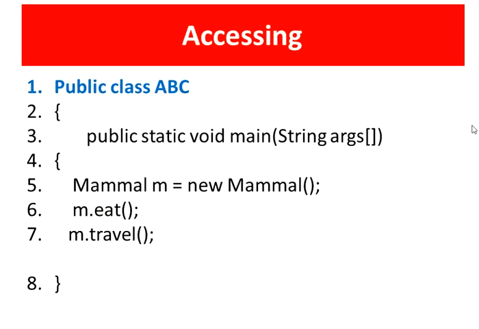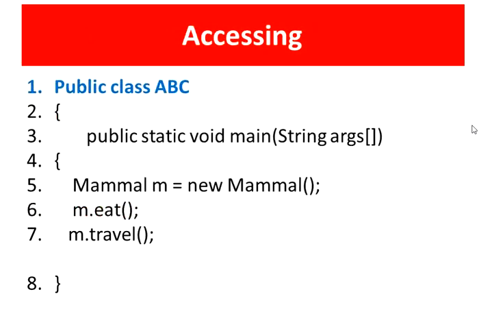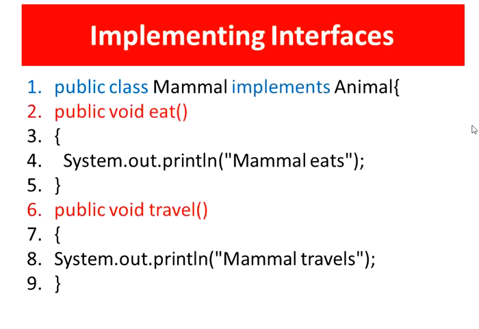Now let us see how we can access these methods. Now we will create a public class ABC. This is a class which contains the main method. In this class we will create an object for class Mammal. So here we have a class Mammal. We have created an object for class Mammal: m equals new Mammal, and now using m.eat and m.travel we can access methods of interface Animal.